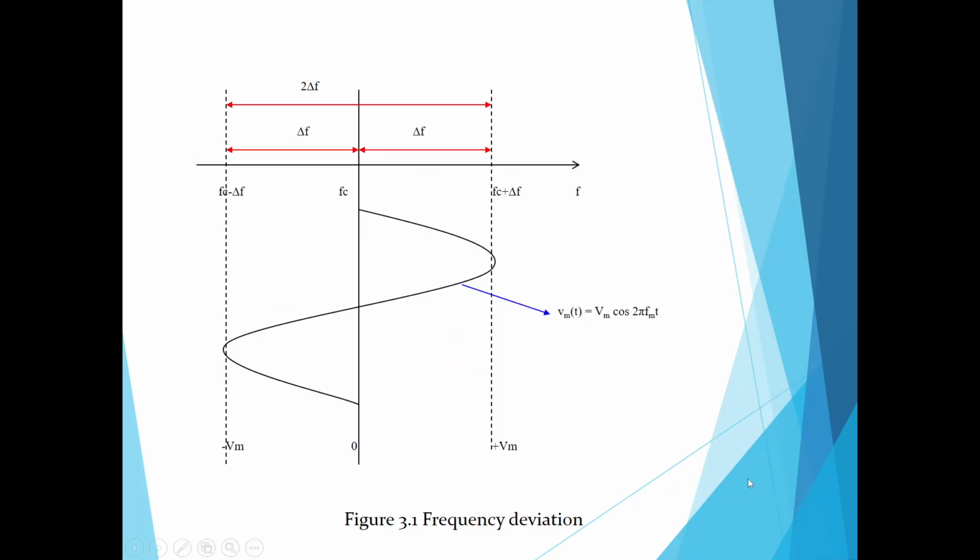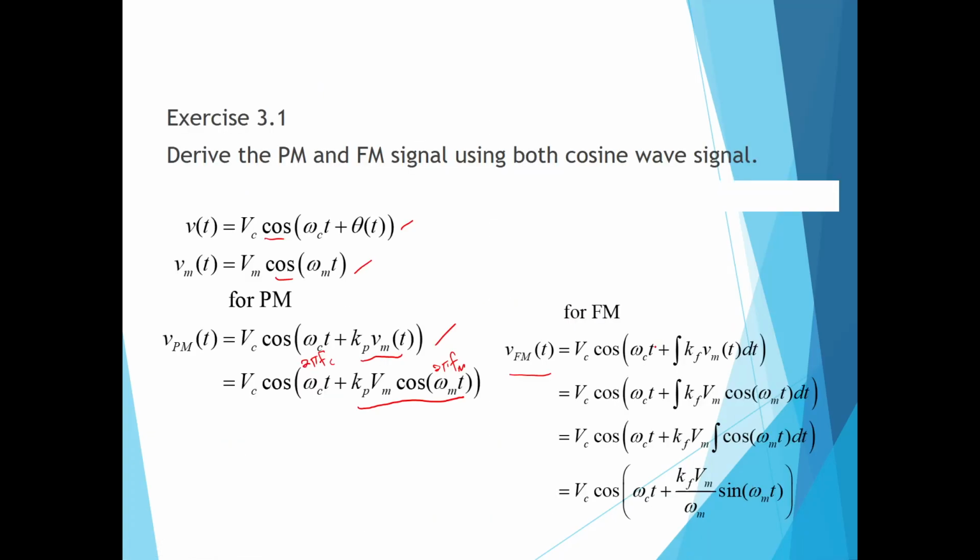Okay, and what about the frequency modulation? vFM(t) is equal to, from the general equation, we need to replace theta(t) with the integral of theta prime(t) dt. Theta prime(t) is equal to kf vm(t), so kf vm(t) is equal to kf Vm cos(omega_m t).